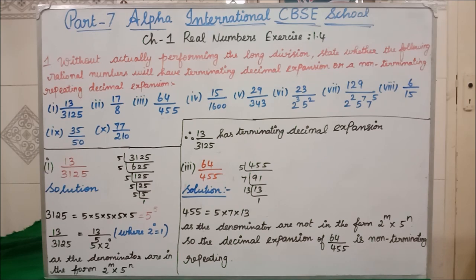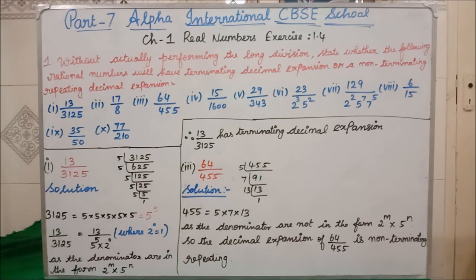Students, if you are getting only 5, then it is terminating. Similarly, if you are getting only 2, then also it is terminating. How does it terminate? Listen, we have got only 5 power 5, into what I have written, 2 power 0, because we have to get the 5 power m into 2 power n form, isn't it? So I need one 2, for that I am writing 2 power 0.